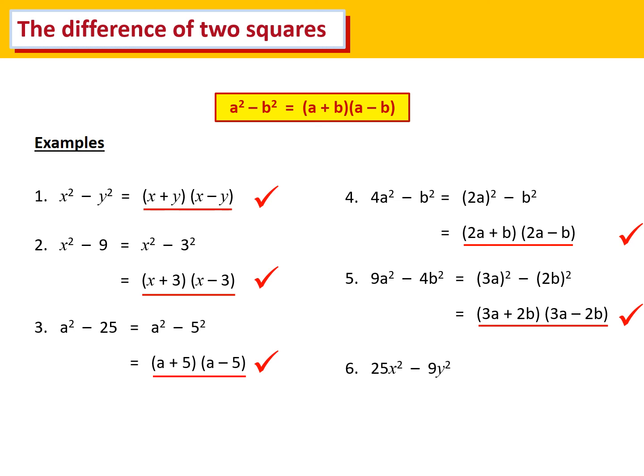And what squared gives us 9y squared? Answer 3y. Now we have in this right hand side the difference of two squares. We can put it in our bracket form, 5x plus 3y, 5x minus 3y.